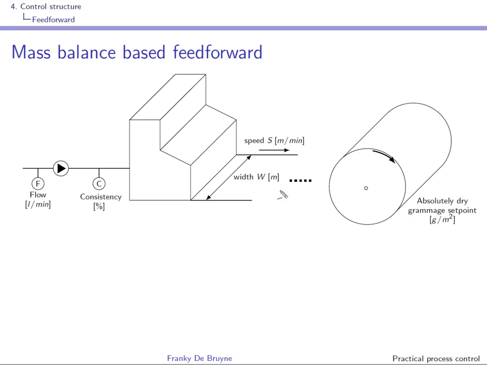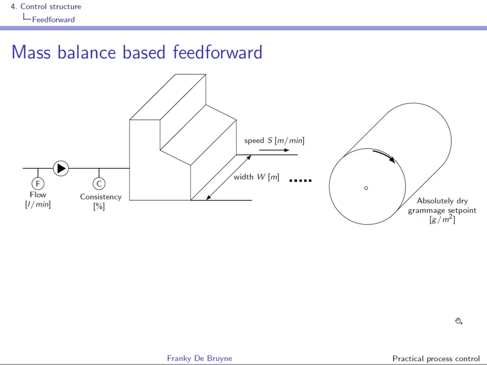At the end of the process, the paper is wound up on a reel, and there is a desired absolutely dry grammage set point expressed in grams per square meter. To give you an idea, the paper you're typically writing on has a grammage of around 80 grams per square meter. More details about this paper process can be found in the introduction.